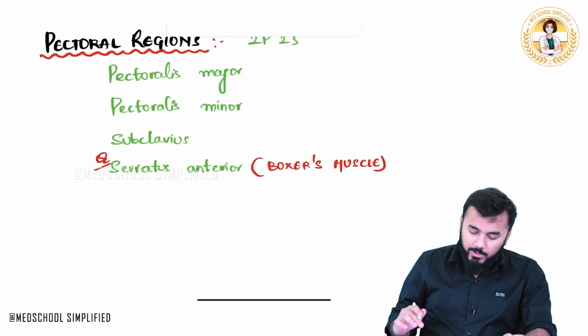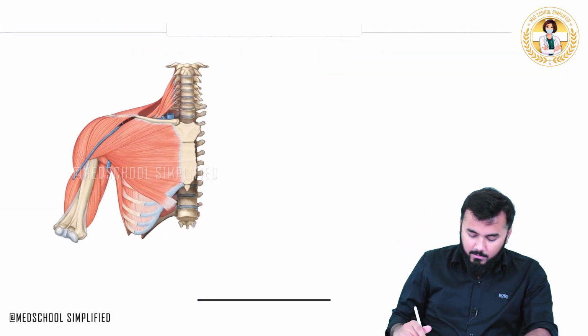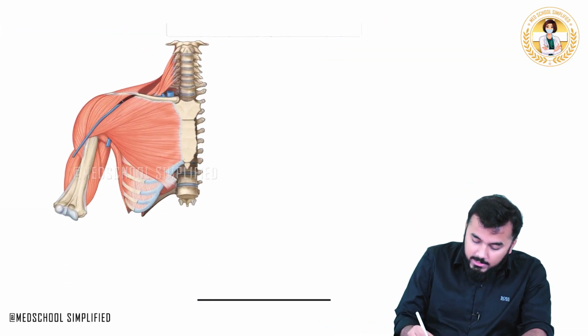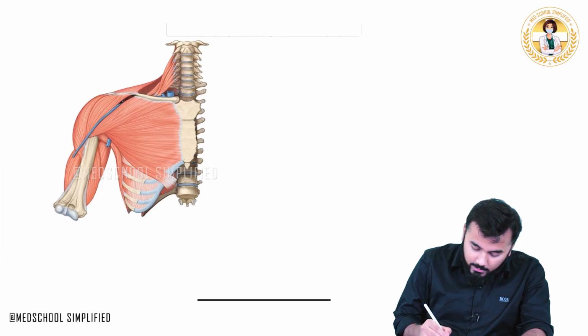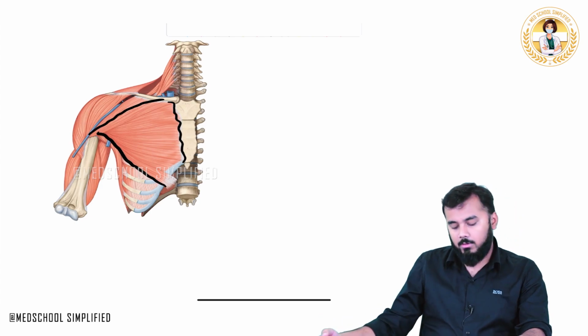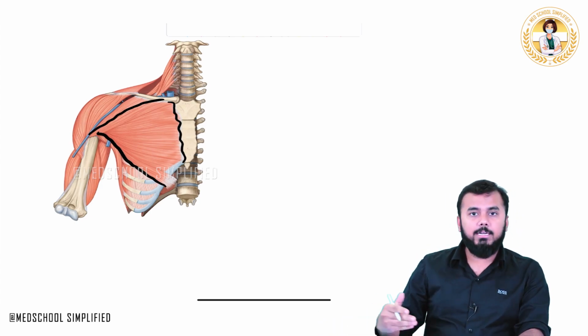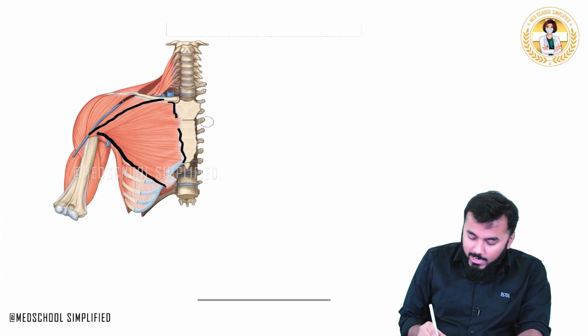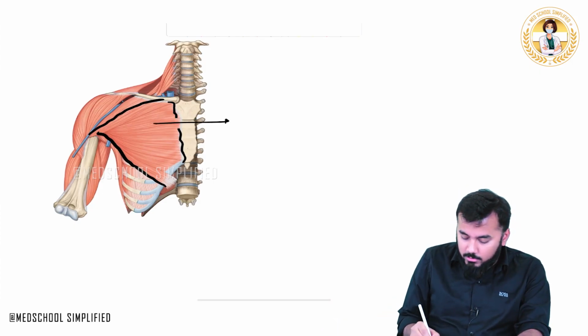Now when it comes to pectoralis major, one very important thing you need to know is that this entire muscle, whatever you can see right now, this is called your pectoralis major muscle.